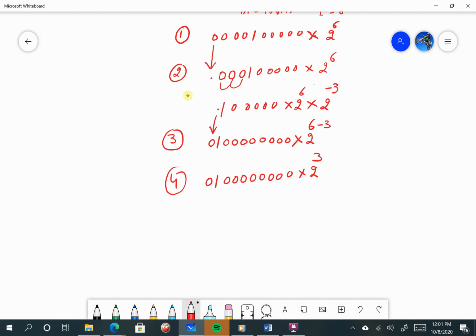In step number 5, this is 0 1 and instead of writing this 2 power 3, which is the exponent, as 3 is equal to 11 and the total bits of the exponent is equal to 6, that's why I will have to write 11 और इसे आपने पूरा करना है 5 6.